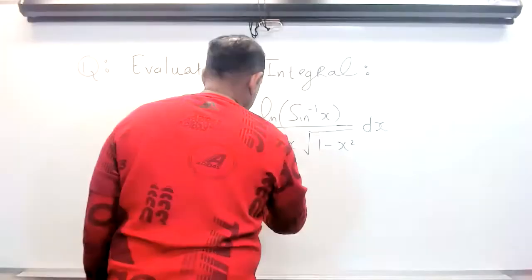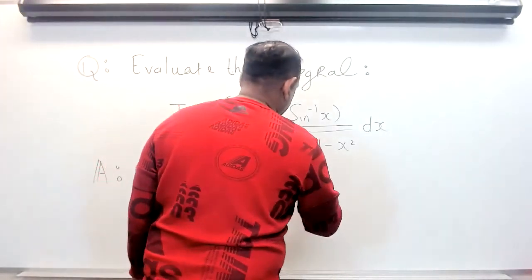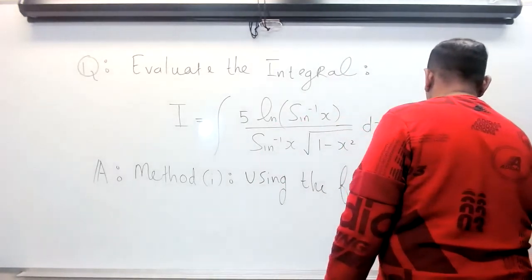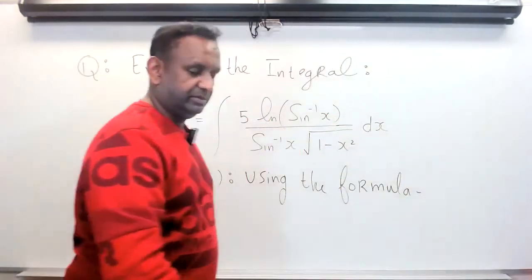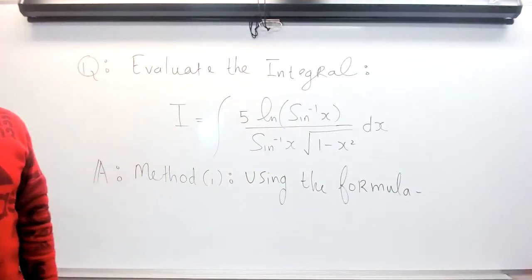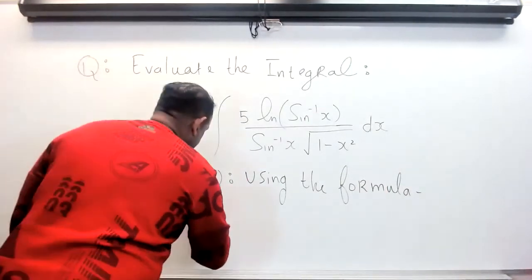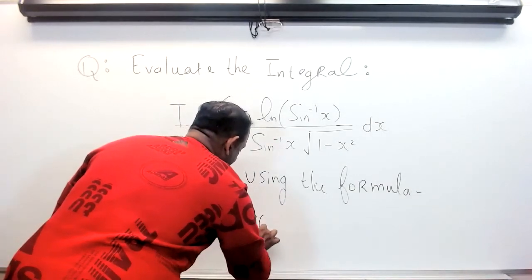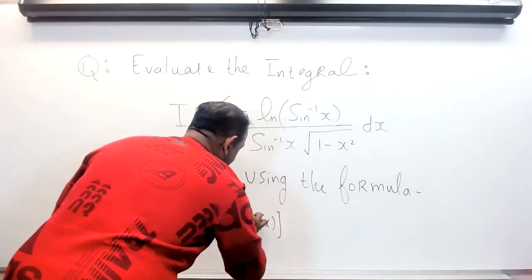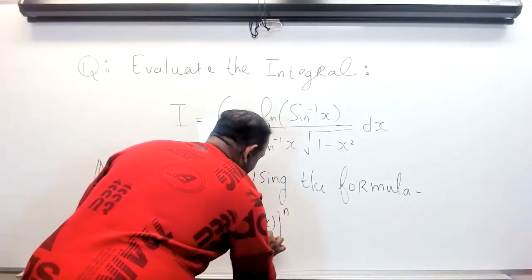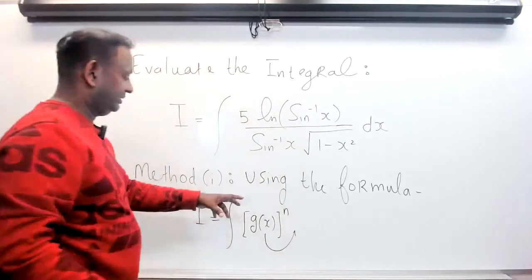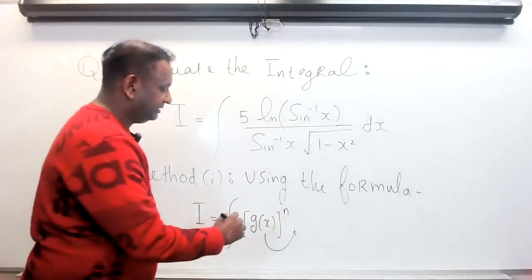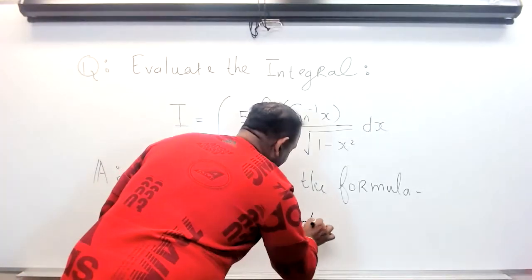Which formula are they talking about? Say you have an integral of some function g(x) to the power of n, and its derivative, the derivative of this composite function, right next to it.